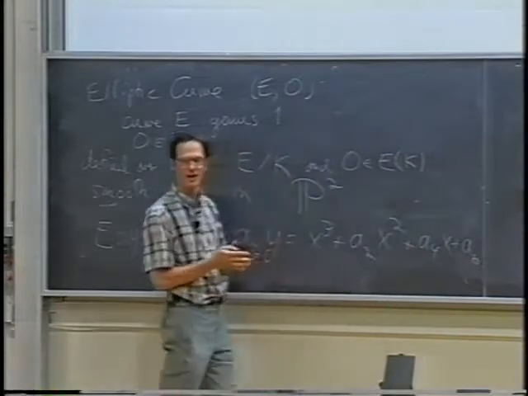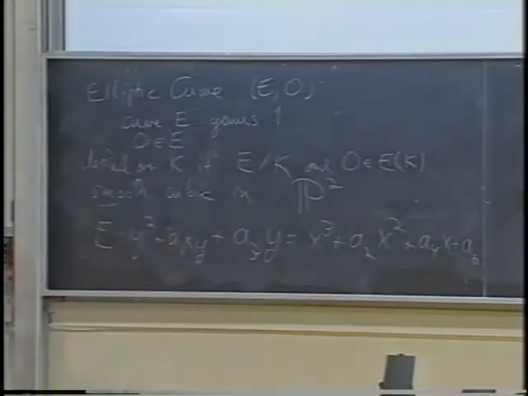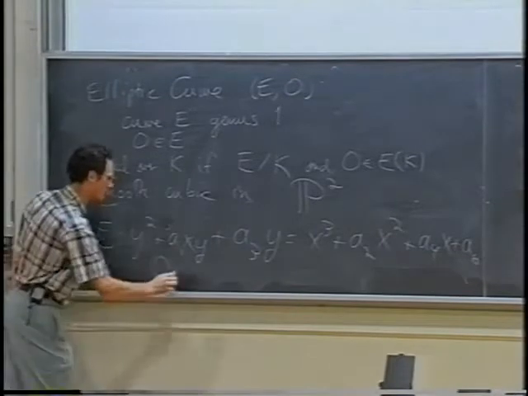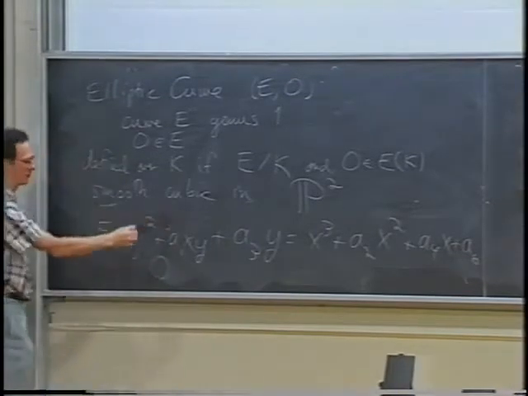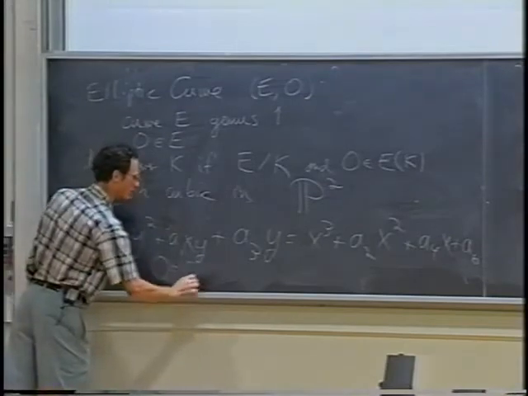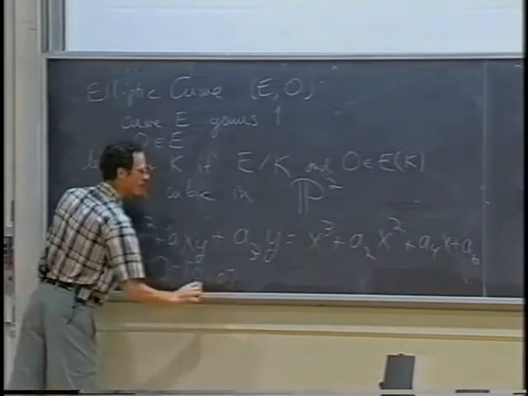The odd numbering on the a's has to do with modular questions, so I don't have to say anything about that. This of course is just the affine equation. The fixed base point here is the point out at infinity.